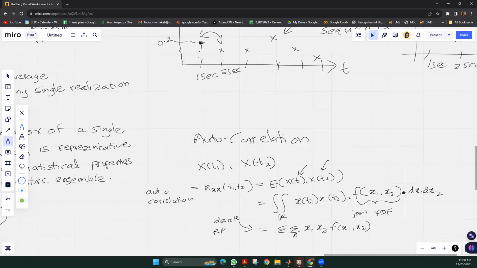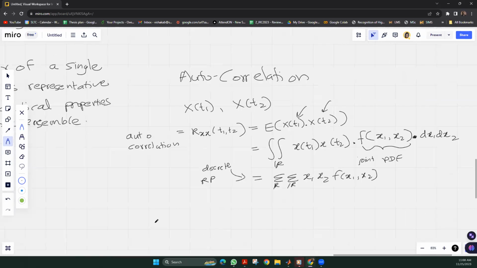So for the discrete case you use summations, and you use integrations for the density functions that occur with continuous random variables. Do you have any questions so far?